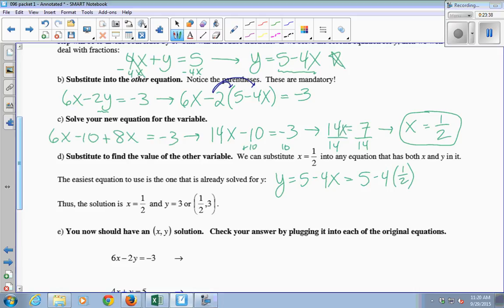So this is 5 minus 2, which is 3. So x is 1/2 and y equals 3 is the solution. Or you can think of that as the point, 1/2 comma 3. That would be the intersection point if you graphed both the lines. They would cross at 1/2 comma 3.